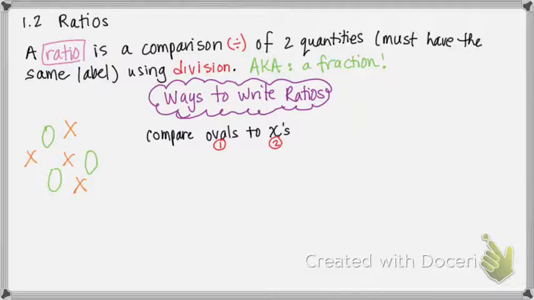So we can write our ratios using words. Our ovals are 3, the word to, and then our X's is 4. So 3 to 4. So this is words.